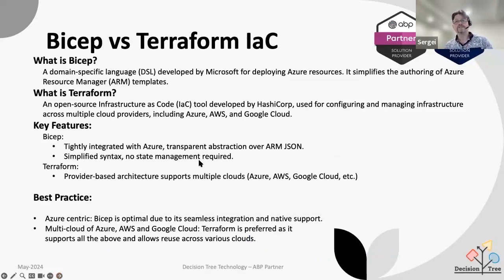Now, there is an additional tool involved for automation of typical cloud deployments, and we have some options here. Basically, each cloud vendor comes with its own infrastructure as code tool.